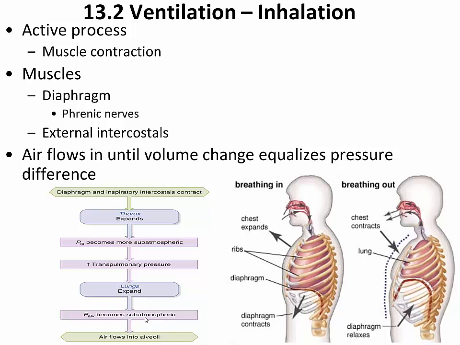The transpulmonary pressure, perhaps we should note at this point, is the pressure difference between the alveoli and the intrapleural space, the pressure that we saw on the previous slide. And so as that becomes greater, it creates this drop in pressure in the alveolus, and that is the impetus that allows air, as a result of bulk flow, to flow into the lungs.